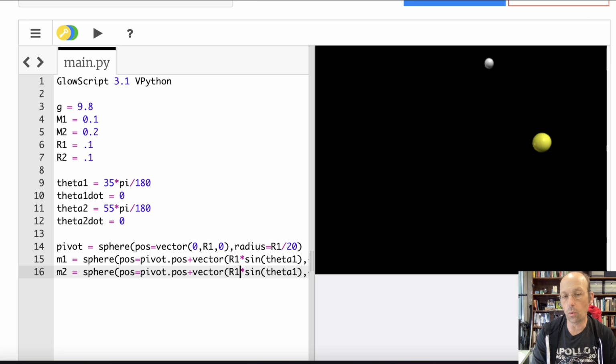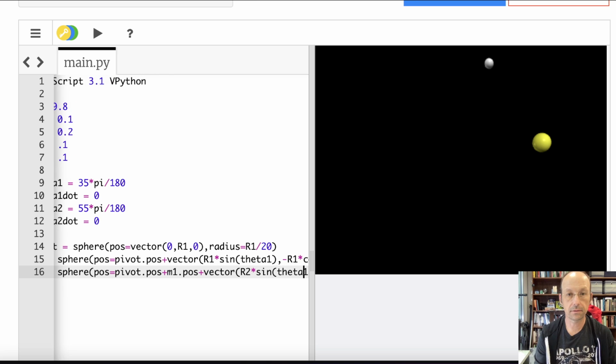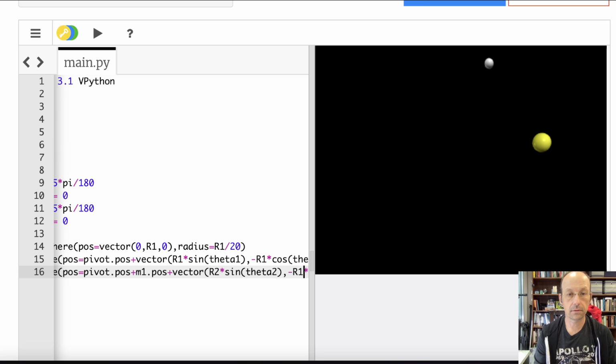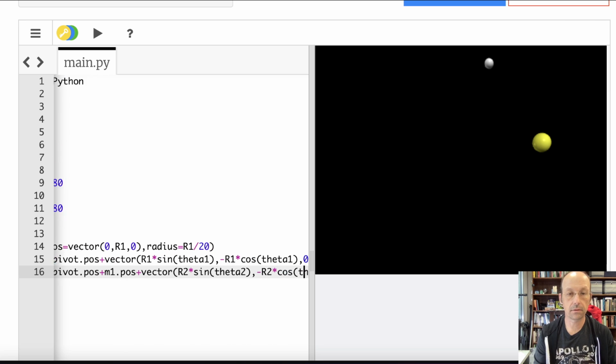I already know M1's position. So I can just say M1.pos plus, now I can just change this to R2, theta 2.